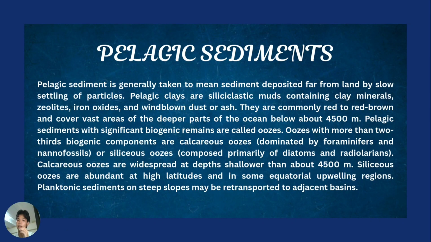They are broadly categorized into two types: pelagic clays, which are siliciclastic deposits dominated by clay minerals and wind-blown dust that accumulate in the deepest basins below the carbonate compensation depth, and biogenic oozes, which are sediments composed predominantly of calcareous or siliceous remains of microscopic plankton.